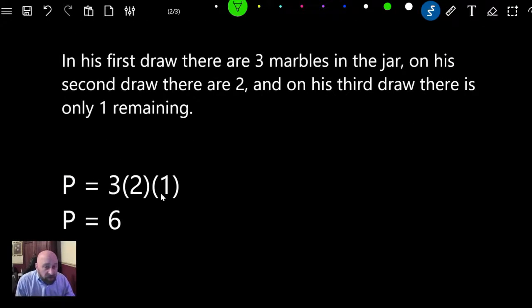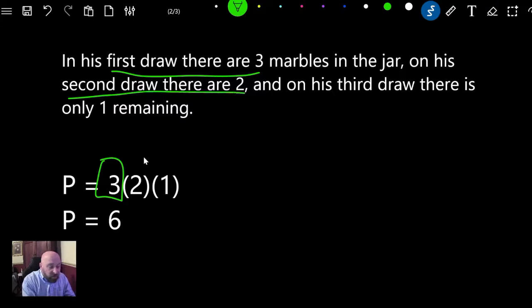Now, the way that we can do that without counting them is we can just put it into a little formula. The formula is just multiplying them together. So, in other words, on the first draw, there's 3 marbles in there. On the second draw, there's 2 marbles in there.